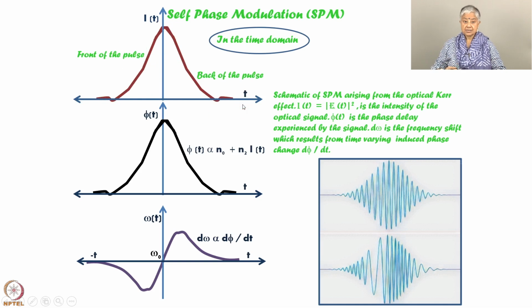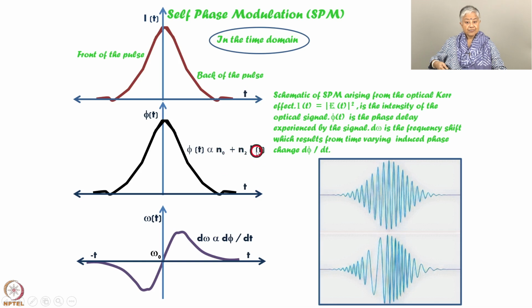Now, what happens here? Because of this change of intensity, again you do get a phase change. Phi(t) is the phase change, which follows this curve completely. The phase change here is maximum, just like here. The phase change here is the least, but phi is a function of time, and it is proportional to n0 plus n2 I(t).